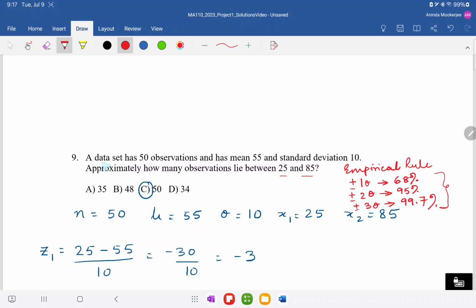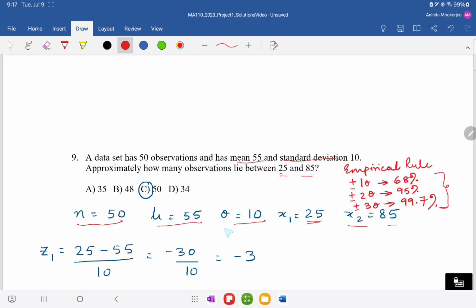And then it says a data set has 50 observations. That means n is 50. Number of data is 50. Mean is 55. Sigma, the standard deviation, is 10, and the two individual observations, which I'm naming as x sub 1 is 25, the lower value, and the higher value x sub 2 is 85.